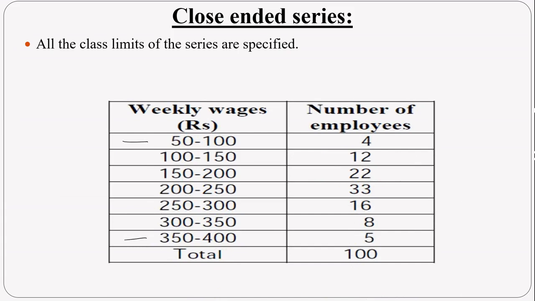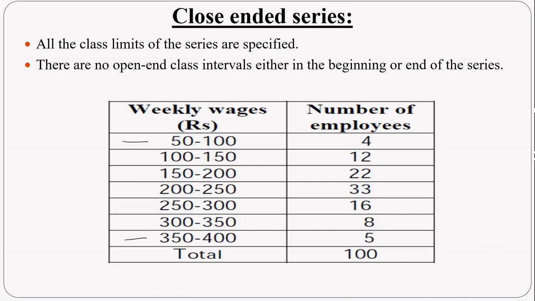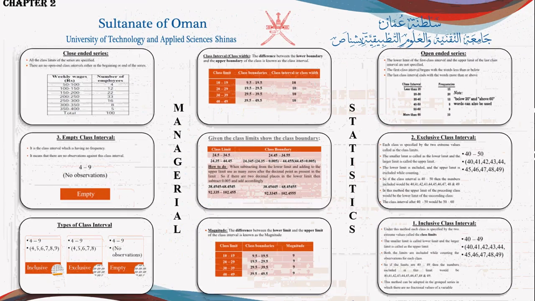Everything is closed. Okay. So this is the example to understand with regards to close-ended series. There are no open-ended class intervals either in the beginning or in the end of the series. So this is an example to understand with regards to close-ended series.